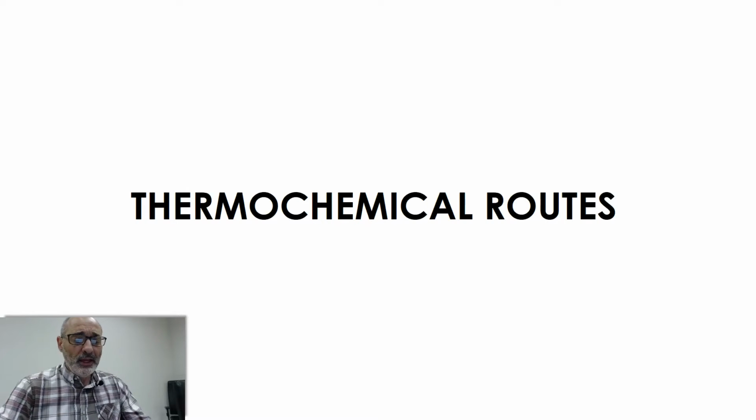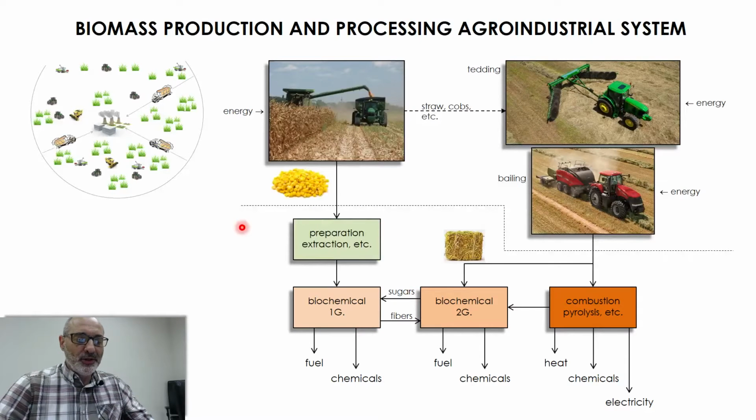Okay, I have a few moments before my time is gone. I want to talk very quickly about thermochemical routes. Remember, I showed you this slide a few moments ago. I was talking about the different processing pathways that we have in order to transform biomass into something useful, okay?